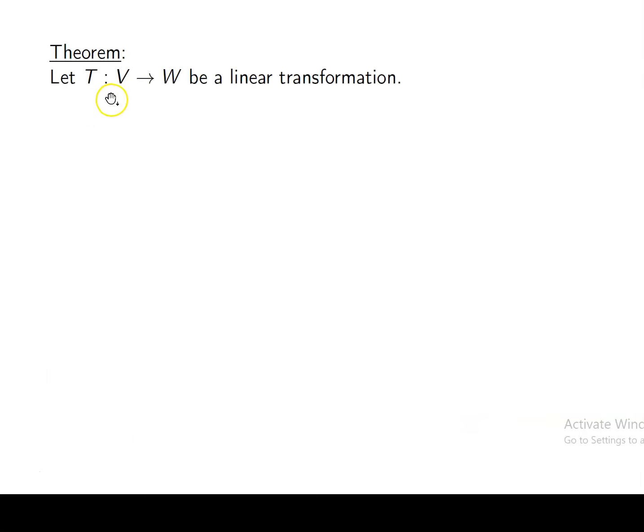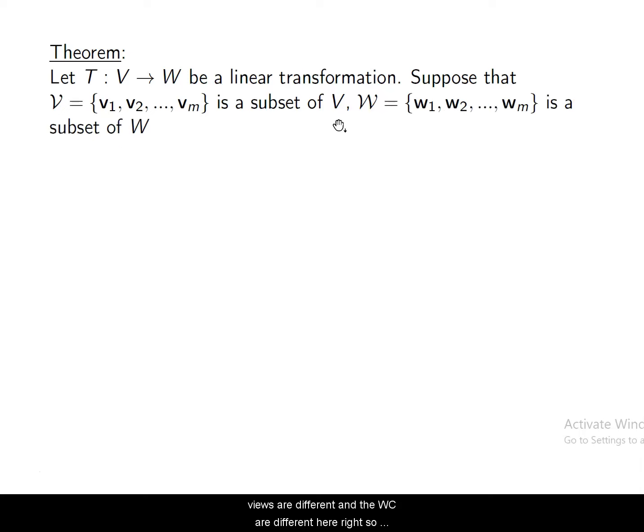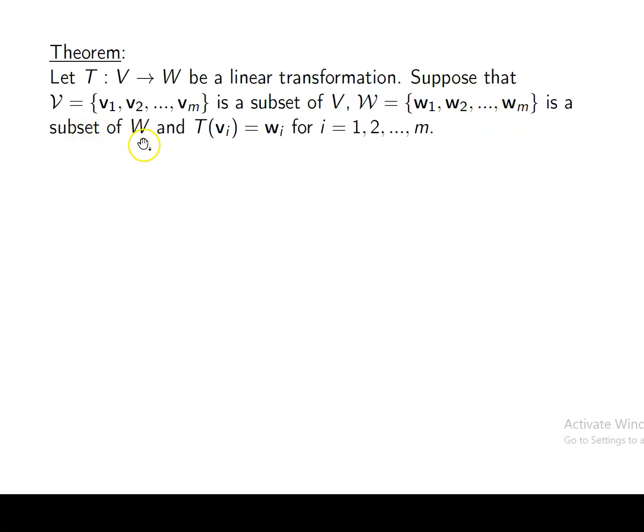Theorem. Let T be a linear transformation. Okay. So suppose that v1, v2 up to vm is a subset of the vector space V. Okay, so again, notice that the V's are different here, and the W's are different here, right? So w1 through wm is a set of vectors that's a subset, not a subspace, just a subset, just a collection of vectors of W. And the transformation of any one of these vectors maps to one of these vectors, right?